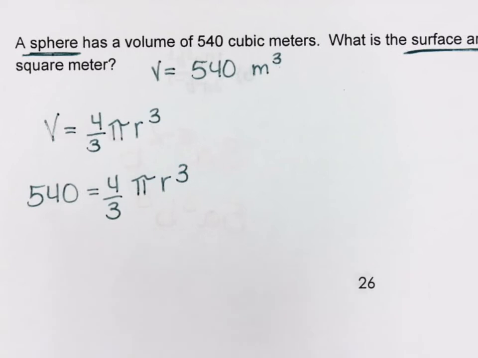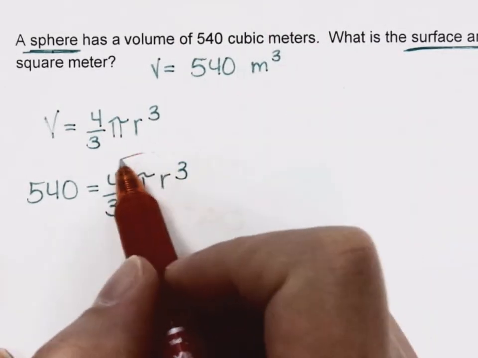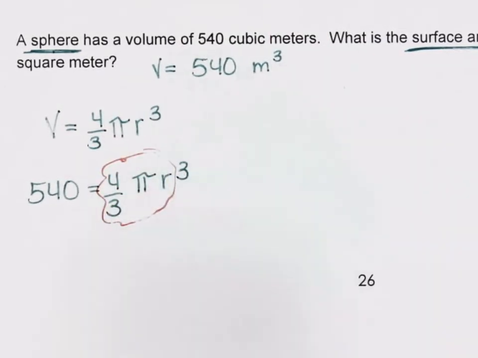No, Miss Kelly, not yet. I have an awesome idea. First, let's do 540 divided by 4/3, which equals pi times r cubed. So we've got to get r by itself. So we need to get rid of all of this stuff.